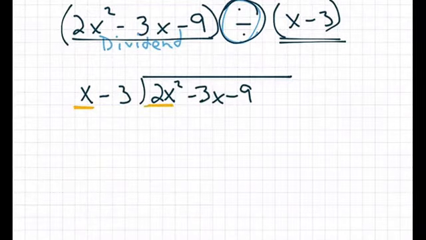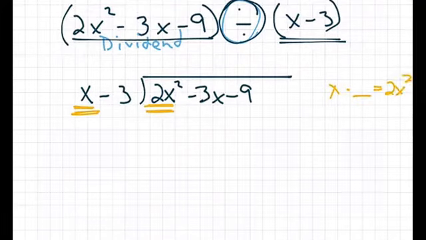What I mean by that is, what do we need to multiply x by to get 2x squared? Well, x times what gives me 2x squared?